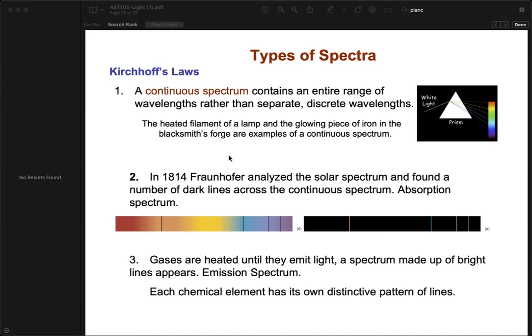So anything which is solid and it is heated so much that it starts to glow, it produces a continuous spectrum. However, if you take some gas and heat it so much that it starts to glow, then it produces this kind of spectrum, which is called absorption spectrum. And the special thing with it is that it has these dark lines at some of the places.